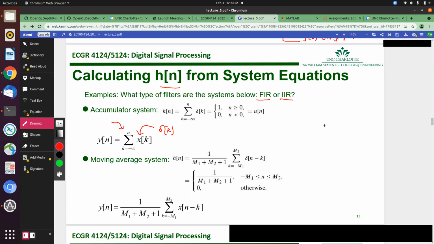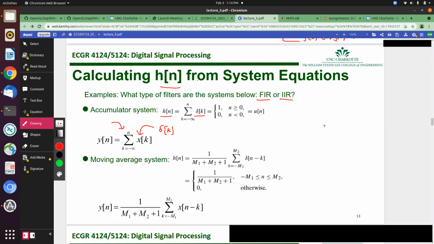And we have the equation H of n is equal to the sum from minus infinity to n of delta of k. How many discrete values are in H of n? No, but how many values? It's going to have values at k from 0 to infinity, but how many of those values in total are there?